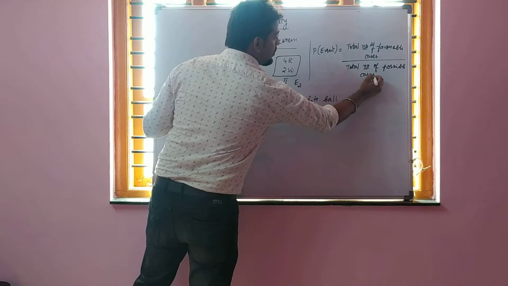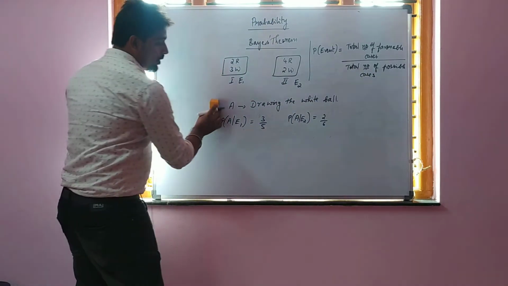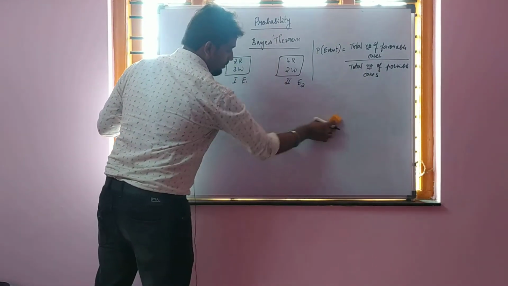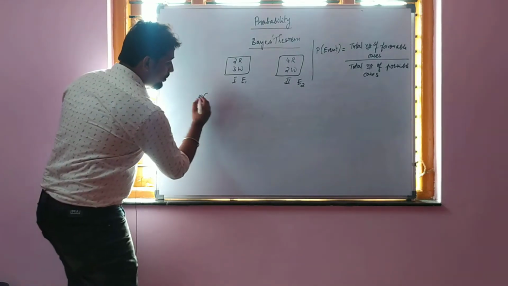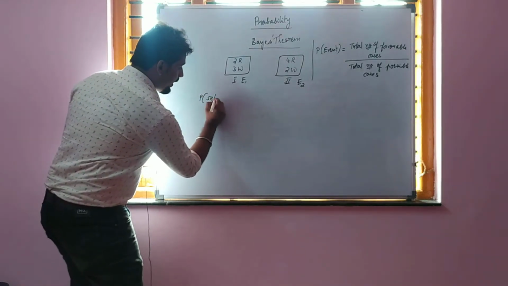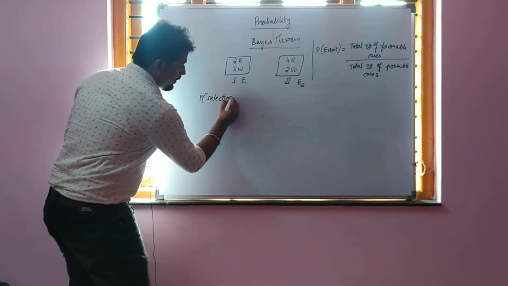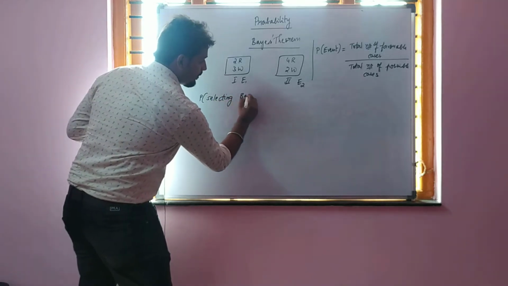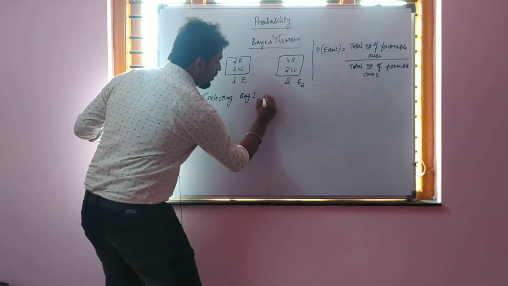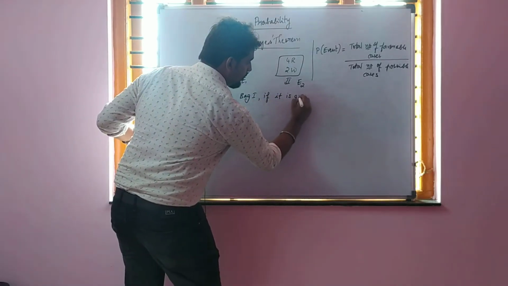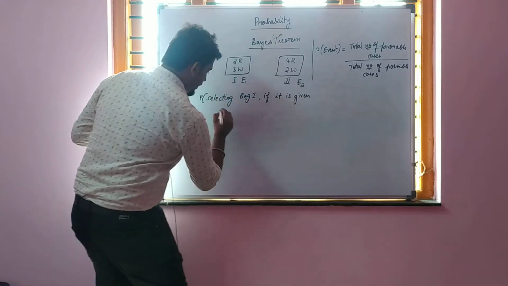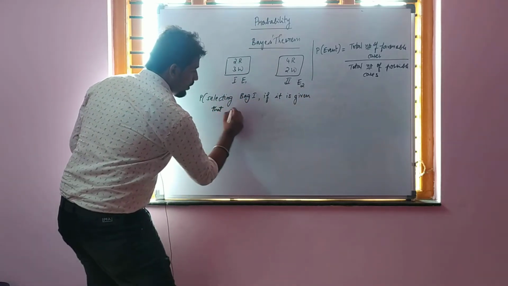Now my question is, what do we need to find here? We need to find the probability of selecting bag 1 if it is given that a white ball is drawn.